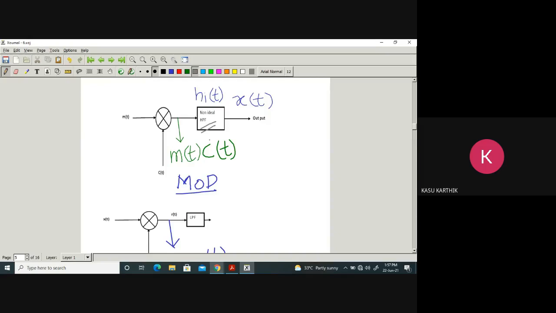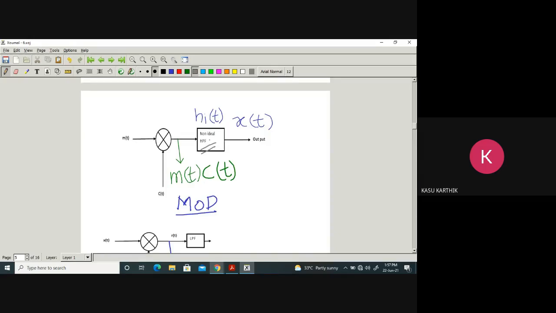Now, very carefully observe these things. Let us take a modulator. How do we generate VSB? It is just like SSB. The only thing is here we use a practical filter which need not be ideal, with impulse response h_i of t. Now, what is the input to this filter? First of all, let us generate DSBSC.